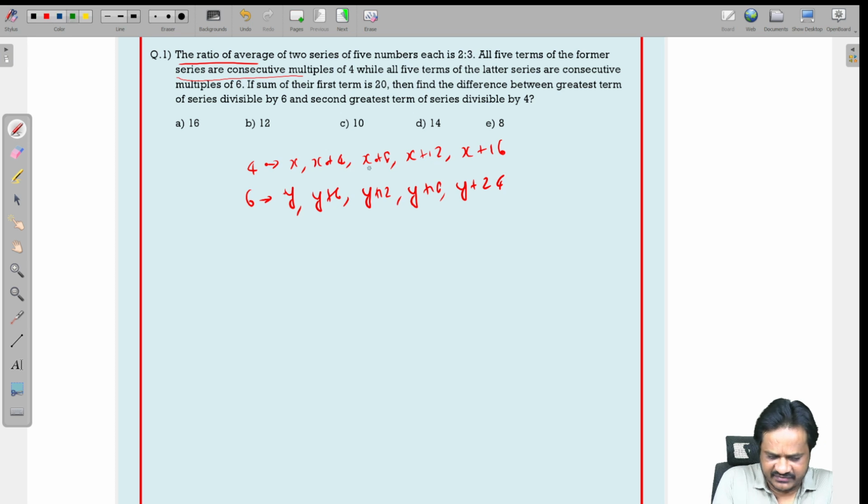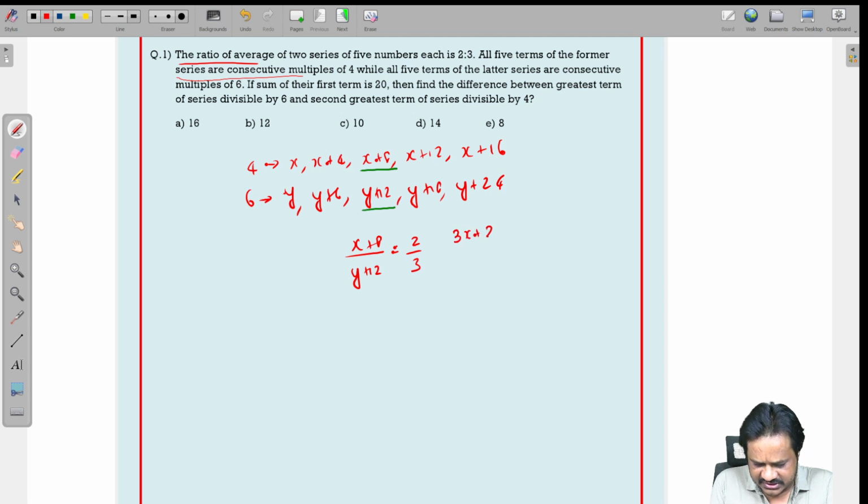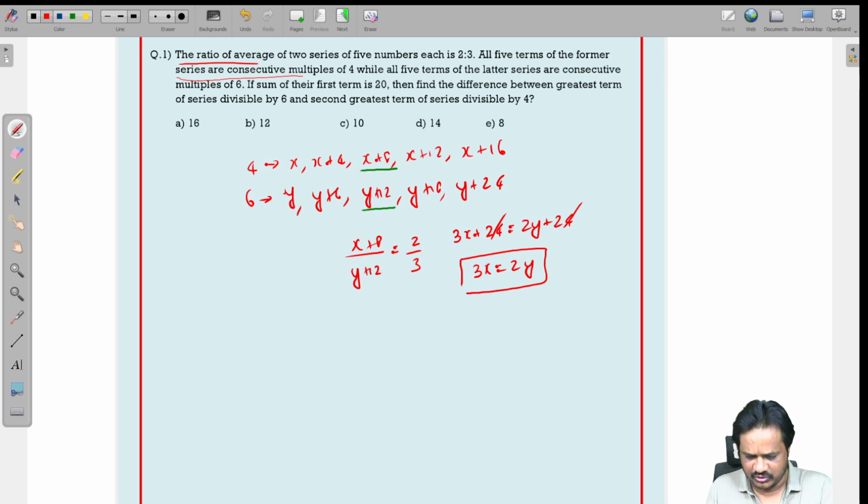Here the average is the third number, here also the average is the third number. So, x plus 8 by y plus 12 is 2:3. Therefore, we will get 3x plus 24 is equal to 2y plus 24. 24 will get cancelled. Therefore, we can write 3x is equal to 2y.